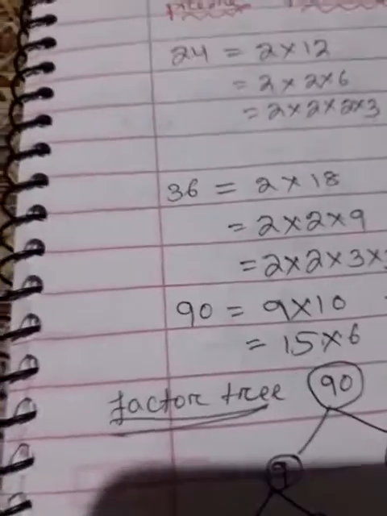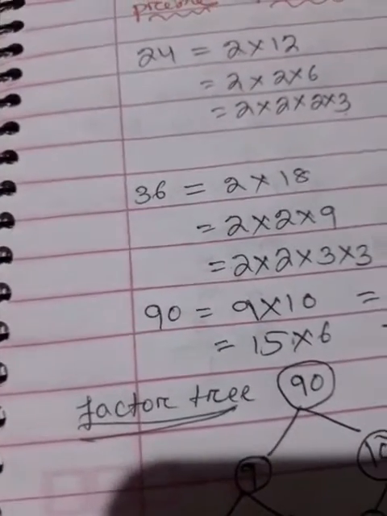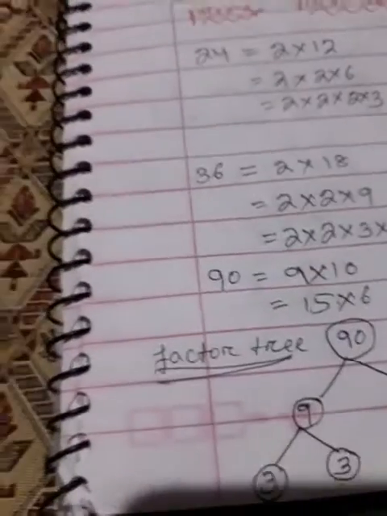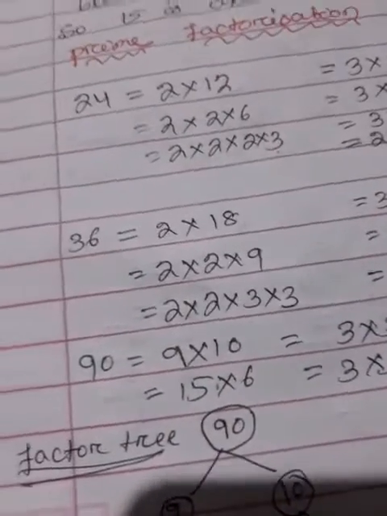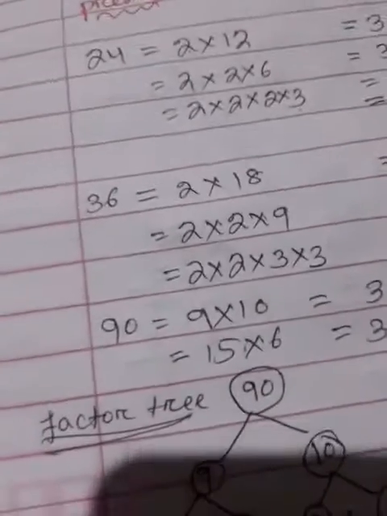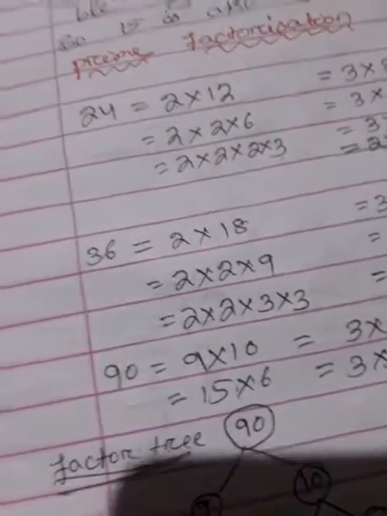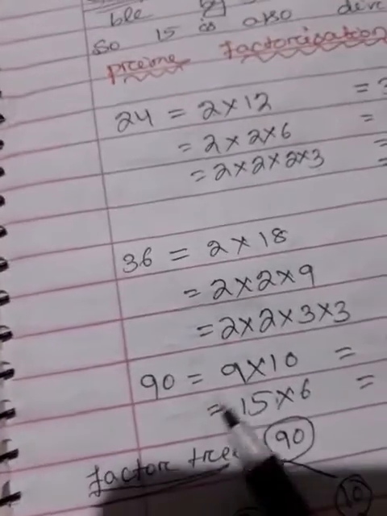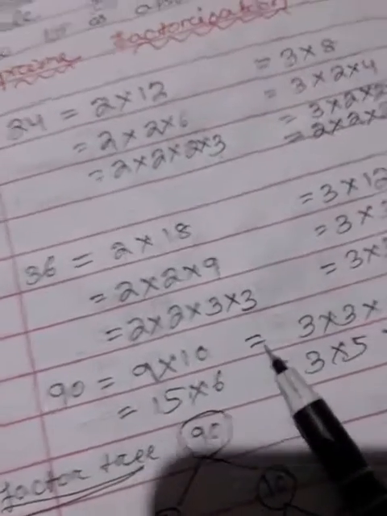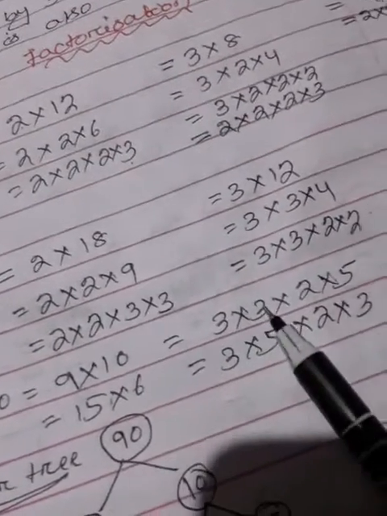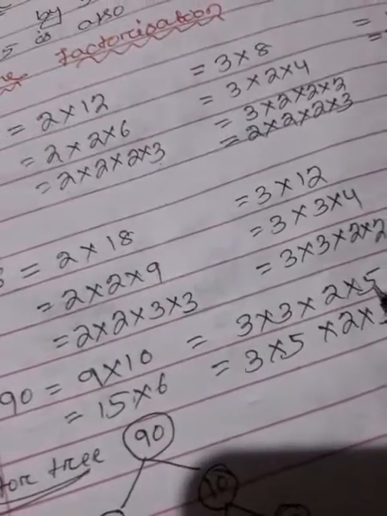We can draw a factor tree. This is all about prime factorization. Next we study the factor tree. What is a factor tree? Here we can write 90 as 9 into 10. 9 is 3 into 3, 10 is 2 into 5.